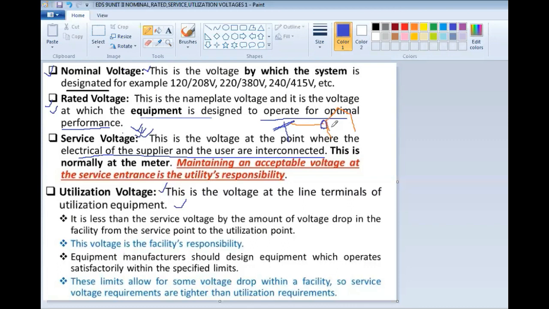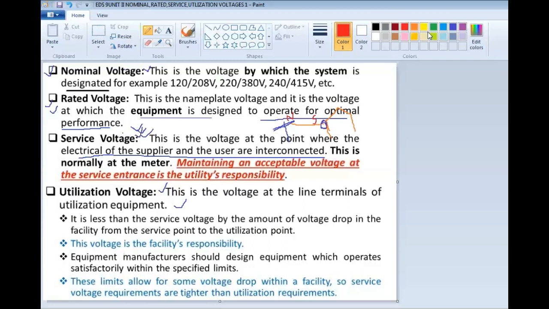Whatever voltage is available at the pole is called the nominal voltage, and the voltage available at this point at your house is called the service voltage.